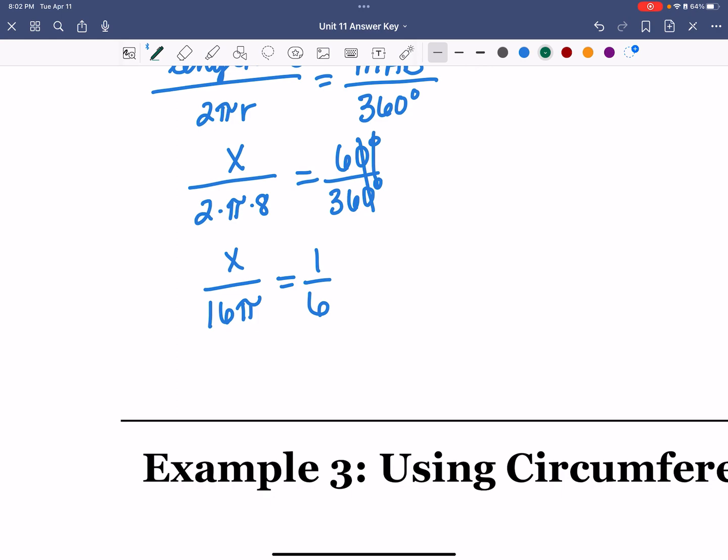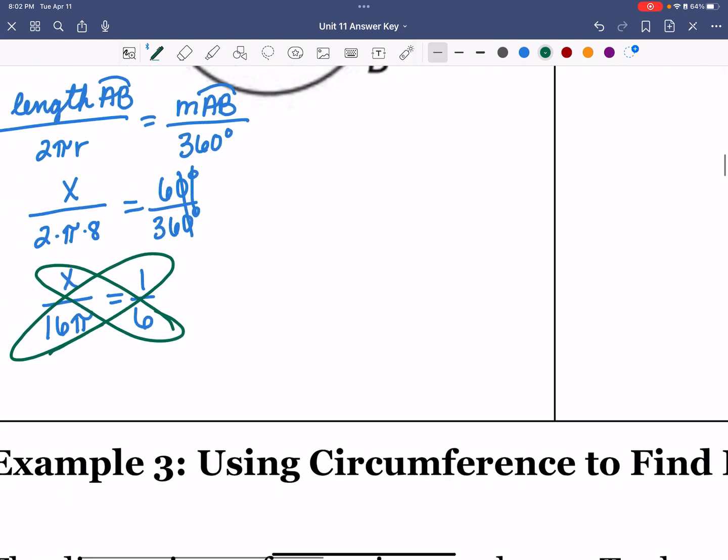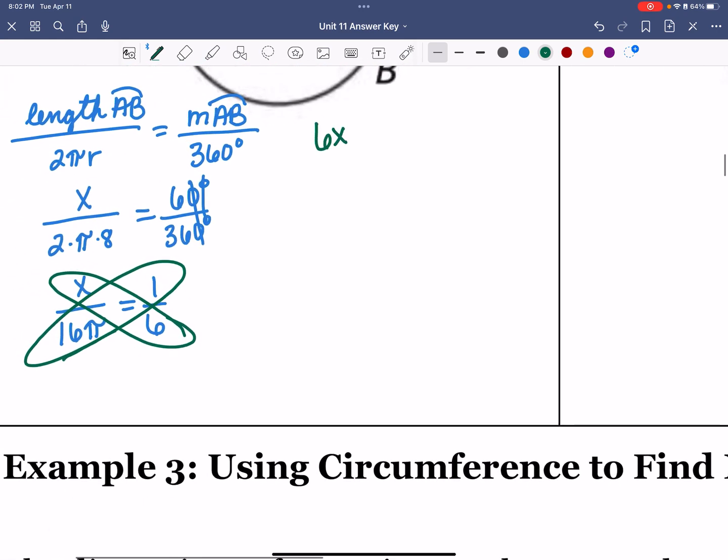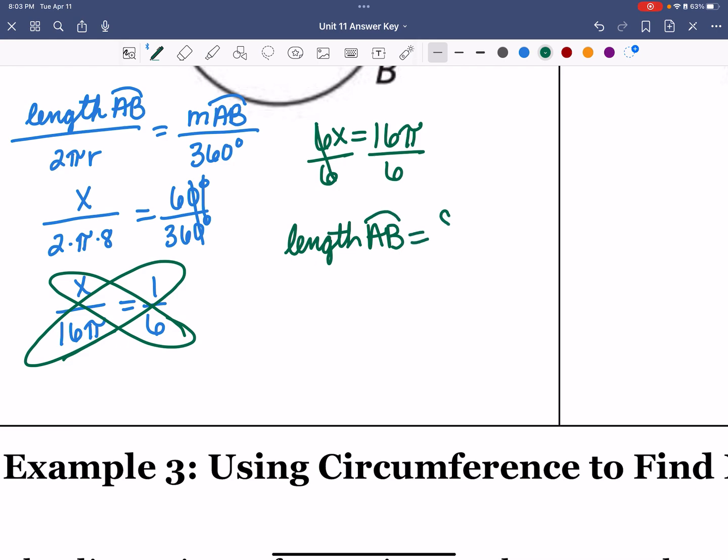From here, I can go ahead and cross multiply. So I'm going to come up here. I have 6x equals 16 pi divided by 6 underneath each. To get x by itself, I'm going to say the length of arc AB is going to equal 8 pi over 3.